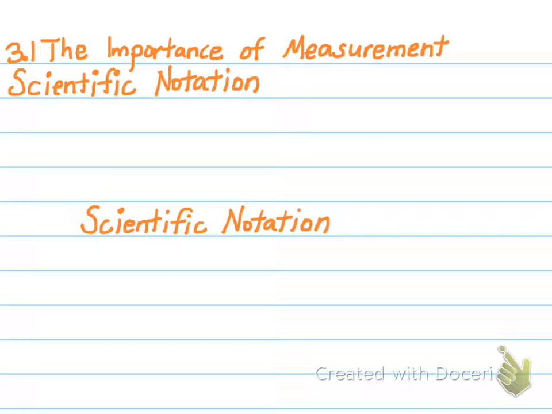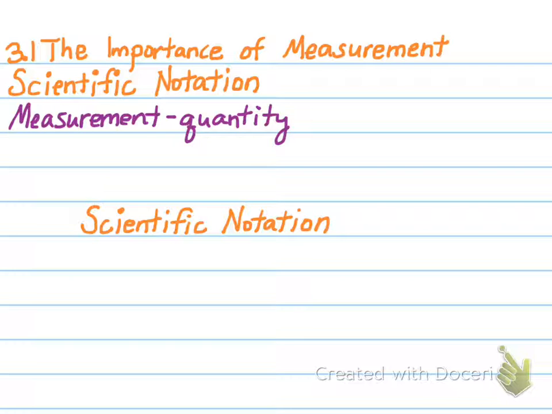When we're talking about scientific notation, so obviously we're going to be working in chemistry with some measurements. And in chemistry, a measurement is always going to be a quantity or amount that has both a number and a unit.